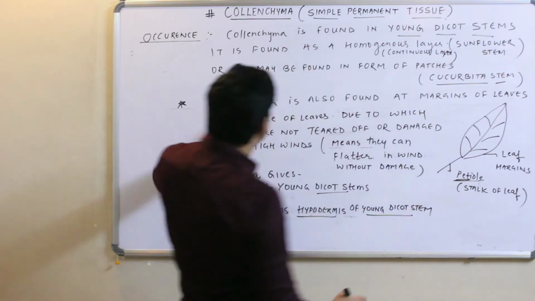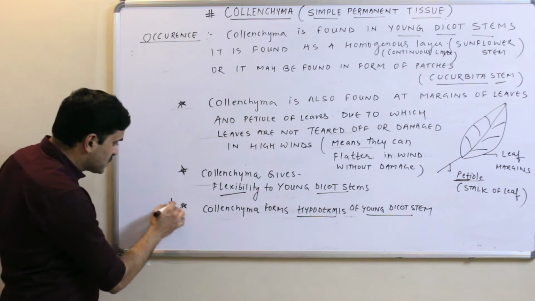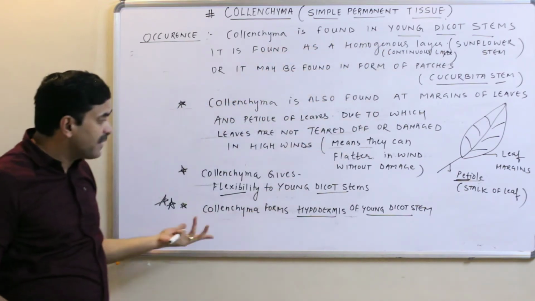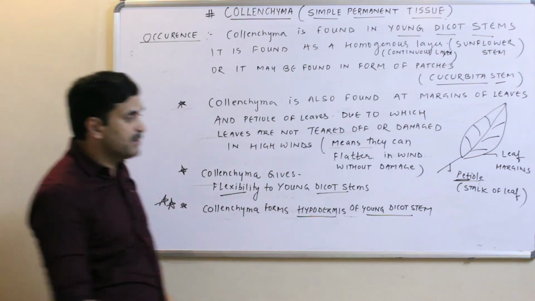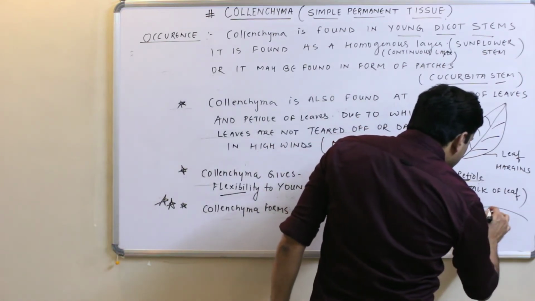So we are saying that collenchyma is found in young dicot stem, but where? This point is to be remembered: in the hypodermis.